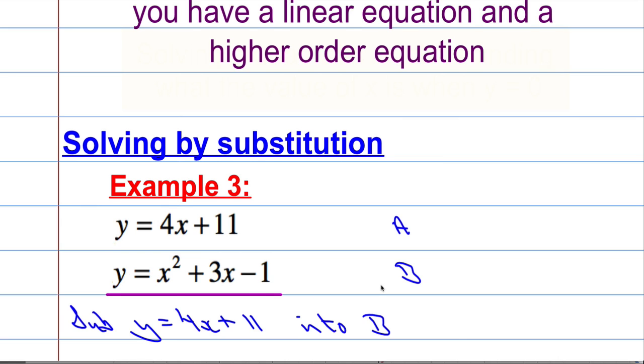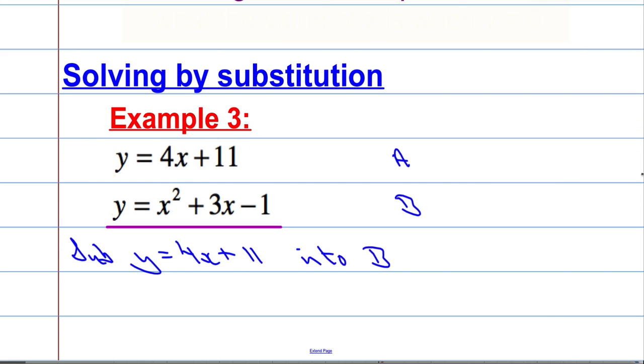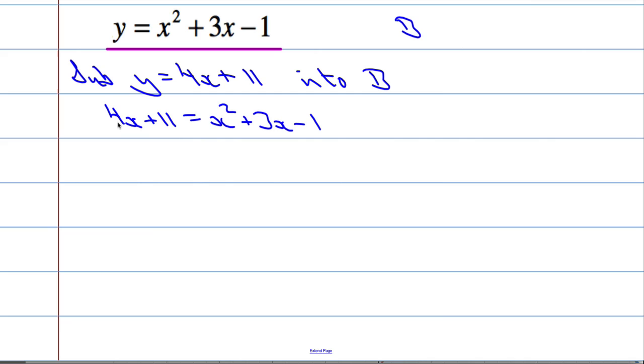So I'm subbing y equal to 4x plus 11 into B. So wherever I have a y, I'm going to put 4x plus 11. So we get 4x plus 11 will be equal to x squared plus 3x minus 1. I'm going to bring everything to one side and set it equal to 0.